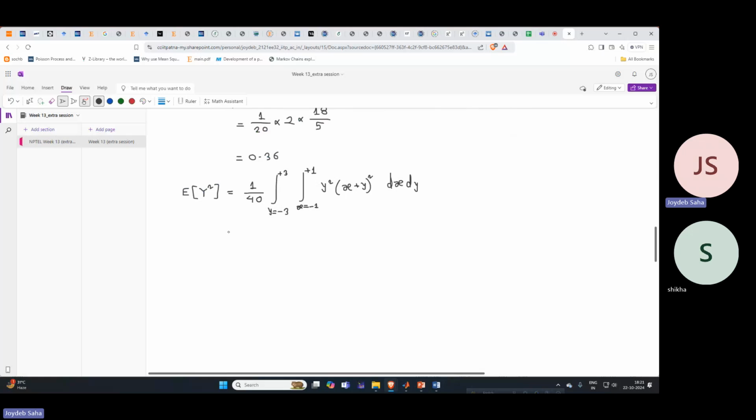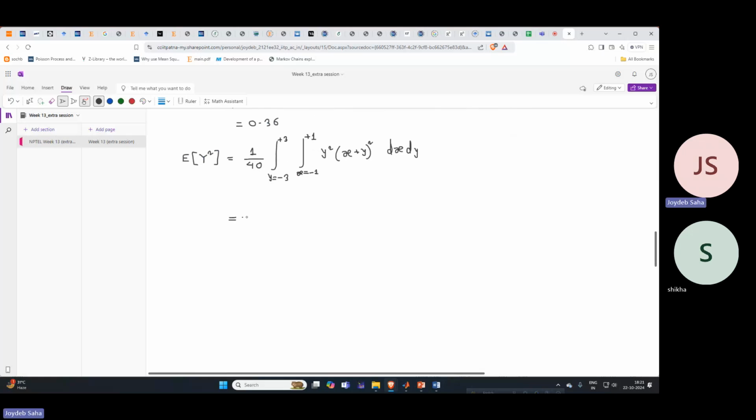Okay, is equal to 1 upon 40, y is equal to minus 3 to plus 3, x is equal to minus 1 to plus 1, and this is x square y square plus 2xy cube plus y to the power 4 dx dy.